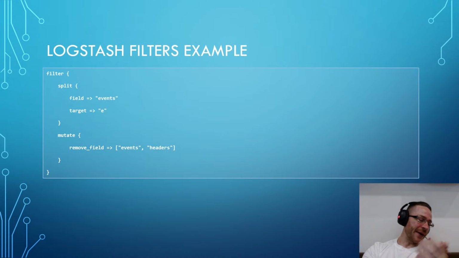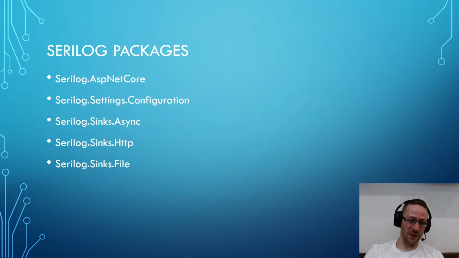Good, so far I explained Elasticsearch, Logstash and Kibana in terms of how to install them, what they are, how they communicate with each other, and now let's continue with adding all these things to .NET and how to do it. So first things first, we need Serilog, and different Serilog packages exist depending on what we want to do.